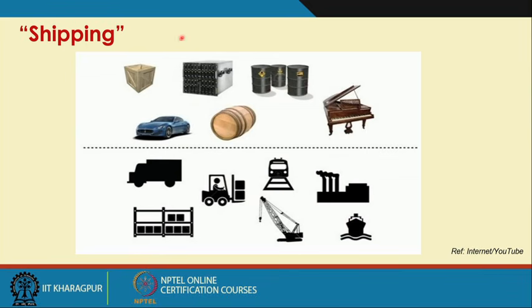So, there is a variety of products and a variety of techniques and technologies involved in shipping these products, right. The type of mechanism required for a server will differ from what you do for a piano or what you do for a car, right. So, unless I make a standardized way of doing this business, things will not work, right.